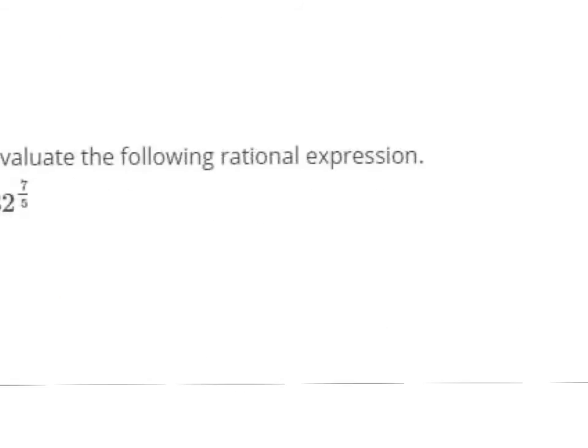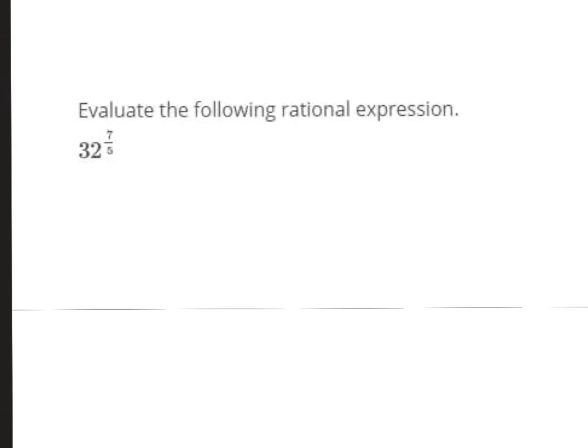Okay, your next one, again, evaluate the following expression. All I want you to do is just write it in radical form. So we have the fifth root of 32 to the seventh power.